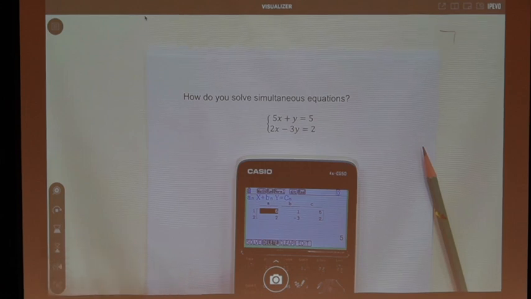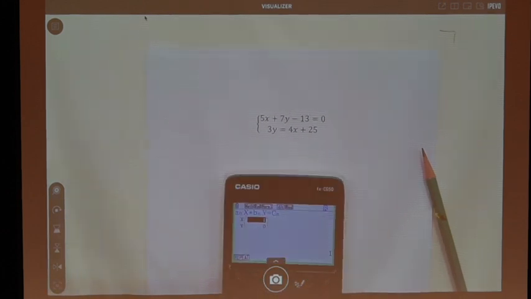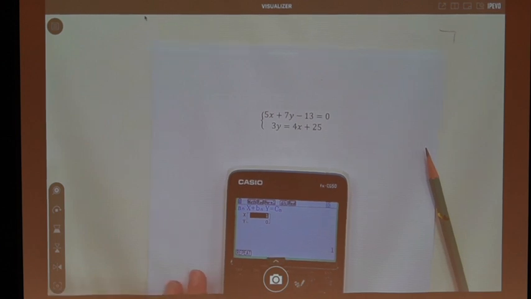Equation, simultaneous equation, and then you got that. Again, when the question doesn't go your way, we have to fix it to make it look like your way. So, can you fix that for me, please?